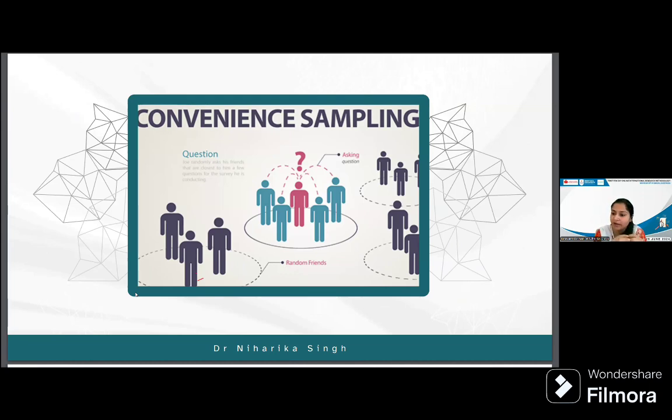We are doing one of the World Bank projects right now, where we have been asked to conduct key informant interviews for Pune. Now, the key informants for Pune as a metropolitan region would be the stakeholders of Pune.